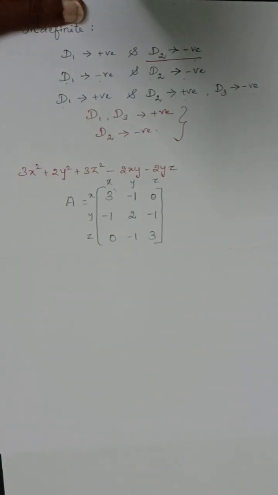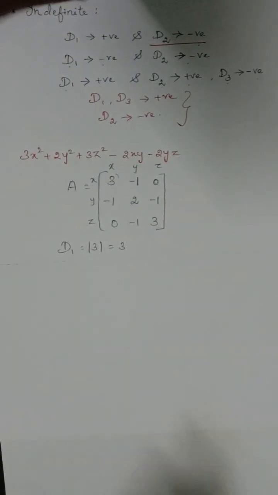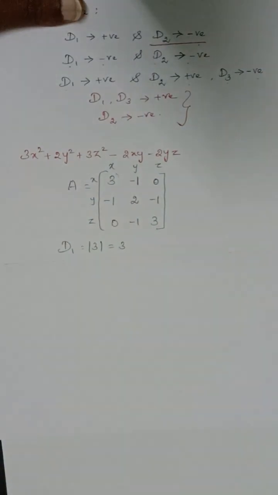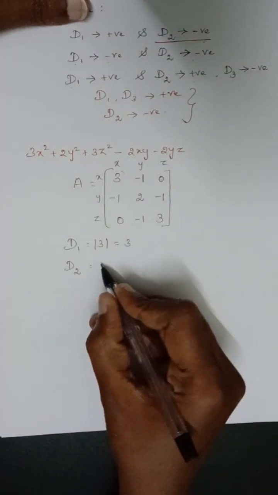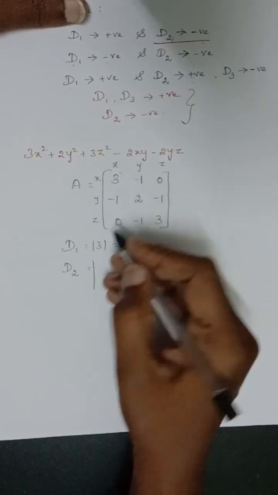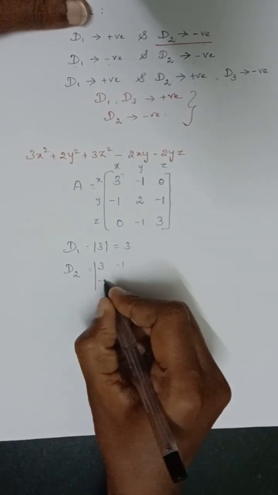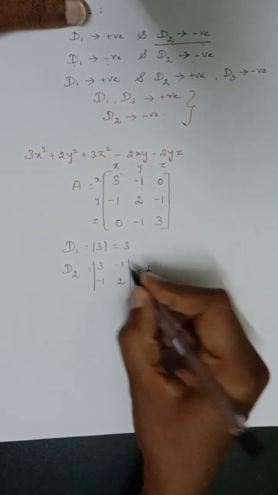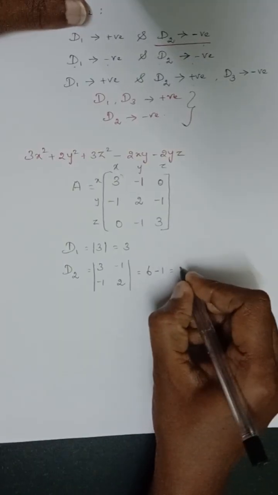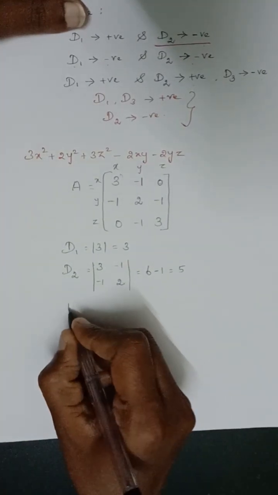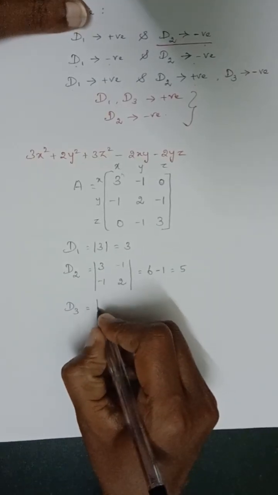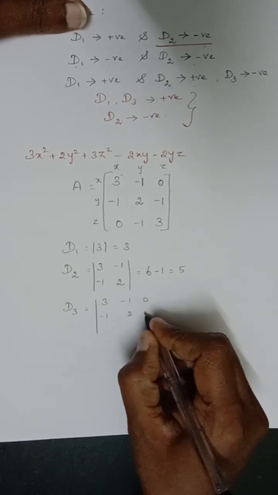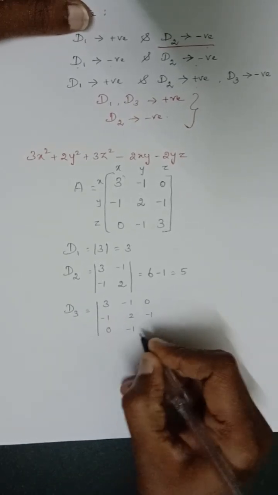So next we have to find D1. D1 is the first element, so the determinant of 3 is 3. And next D2, the determinant of the first 2 by 2 matrix, that is 3, minus 1, minus 1, 2. The value is 6 minus 1, which is 5. And D3 is the whole determinant: 3, minus 1, 0, minus 1, 2, minus 1, 0, minus 1, 3.